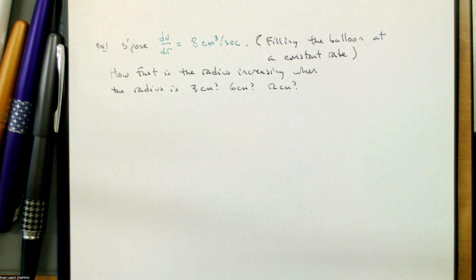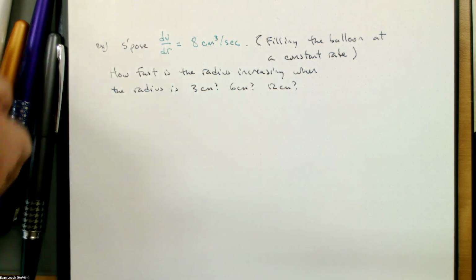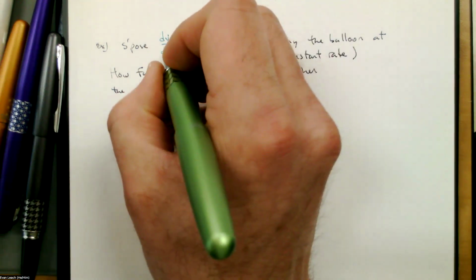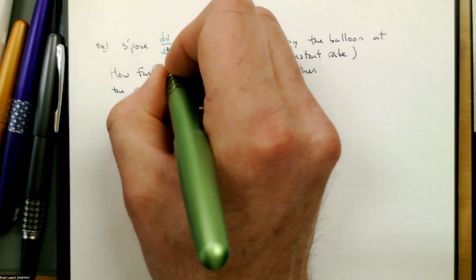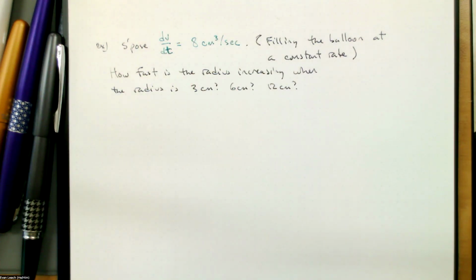How fast is the radius increasing when the radius is 3 centimeters, 6 centimeters, 12 centimeters? So we're going to look at the velocity, the change in the volume. I spelled T wrong. None of you stopped me. That's minus 20 points for everybody. I'm just kidding. It's minus 1,000 points for everybody.